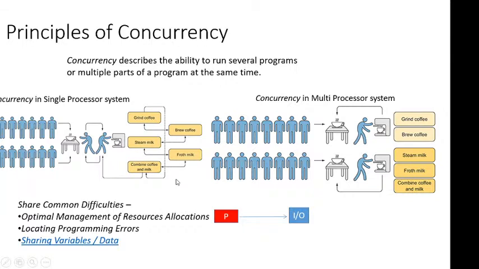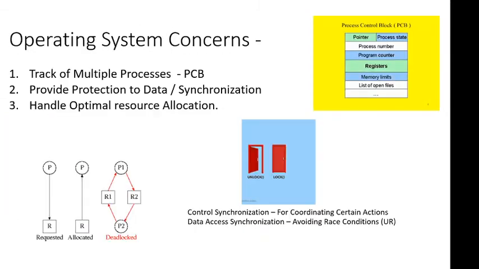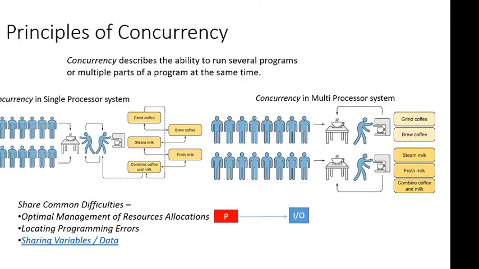Now both the single processor and multiprocessor systems tend to have certain inherent problems. These are the three inherent problems that concurrency tends to have whenever there is a system with many things happening at the same time.